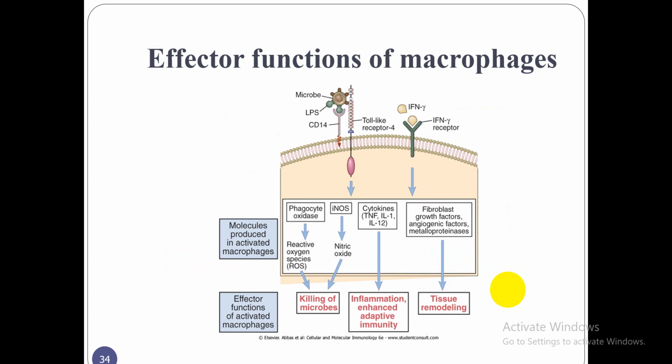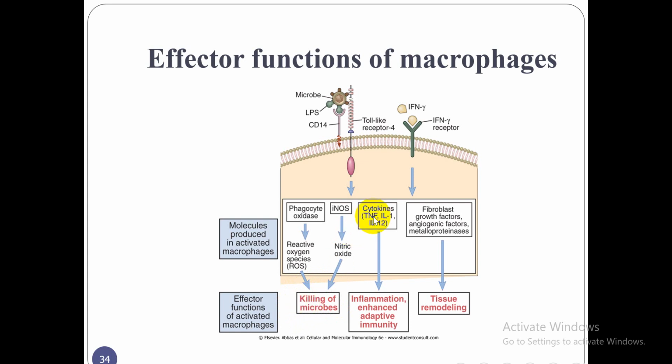If we want to summarize the function of macrophages, as you see here, after the recognition of a microbe by some kinds of PRRs on the surface of the macrophages, they become activated, they produce reactive oxygen species or nitric oxide, and they kill the microbes which are phagocytosed.